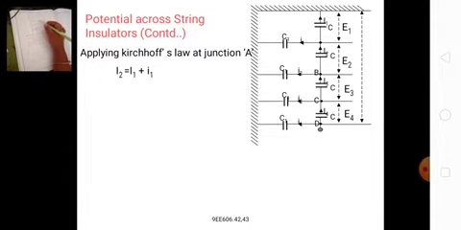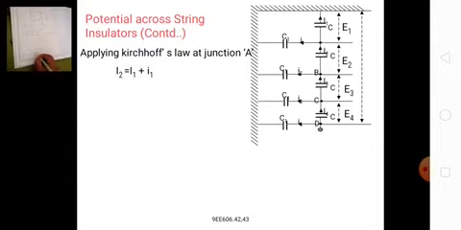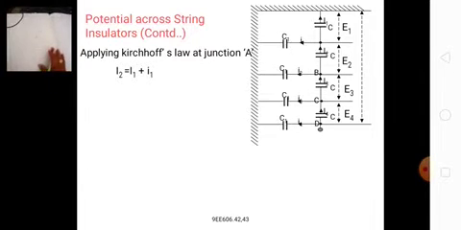I3 is equal to I2 plus IB, so first we have to find IB. IB is equal to E1 plus E2. E2 is E1 into 1 plus 1 by M, so E1 is common, and E1 plus E2 is E1 into 2 plus 1 by M.